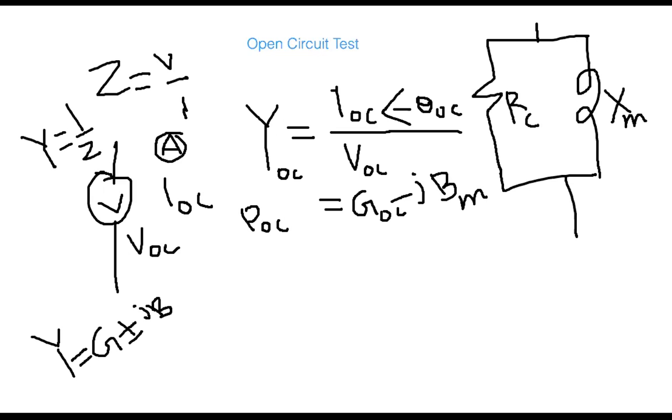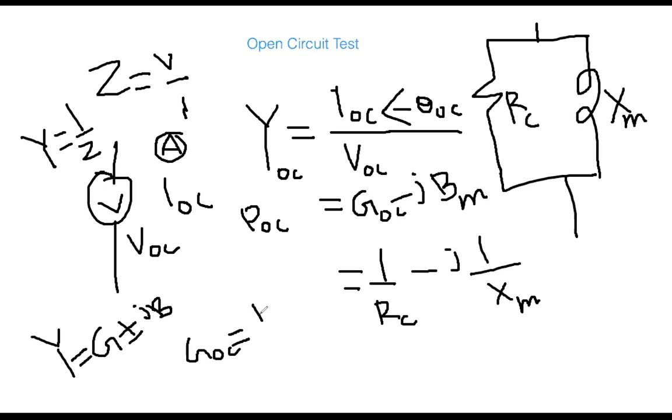Now your goal is to find this and this. The first part, GOC, is actually 1 over RC. And the second part is 1 over XM. So your GOC equals 1 over RC.